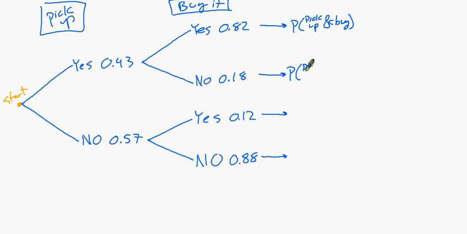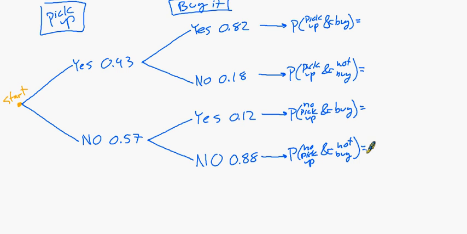This would be pickup and not buy. Why do I keep doing that? And of course the other ones I can fill in also.